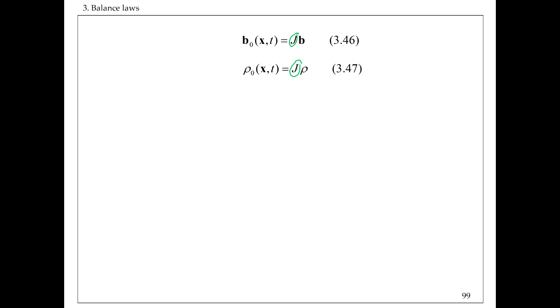Then the mass conservation law is written in a very compact and simple manner. This is our conservation of mass, written in terms of the mass in the reference configuration.